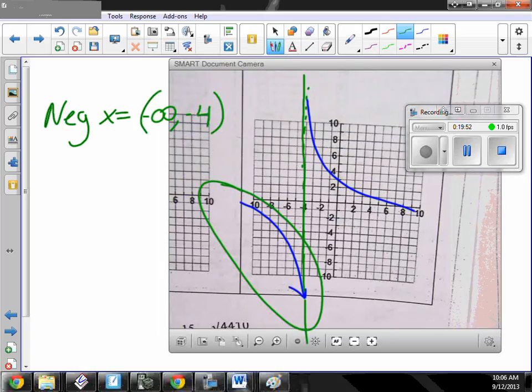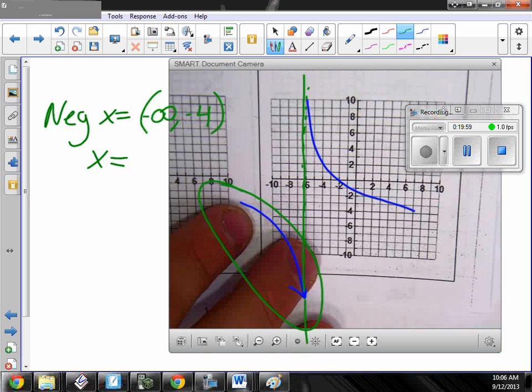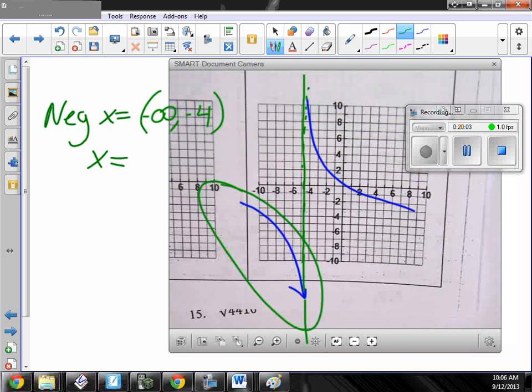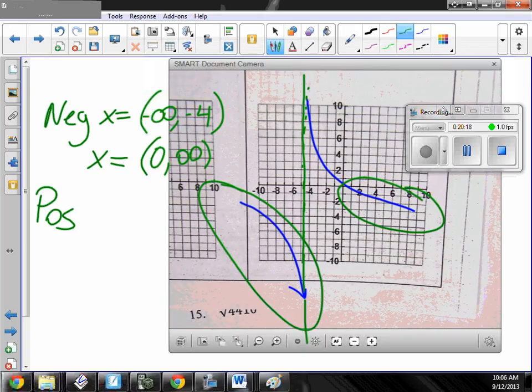And it's also negative, oh, I moved my paper, this should be right there. When does it turn negative again? At 0. So over here, from 0 on, it drops below the x-axis. So 0, comma, infinity. What would my positive region be? From negative 4 until 0.